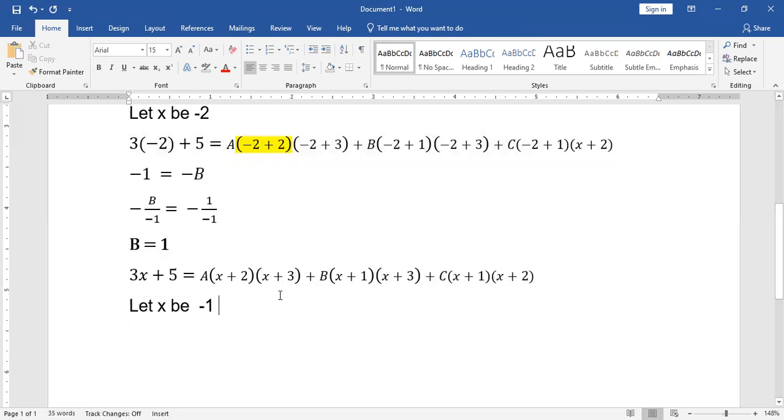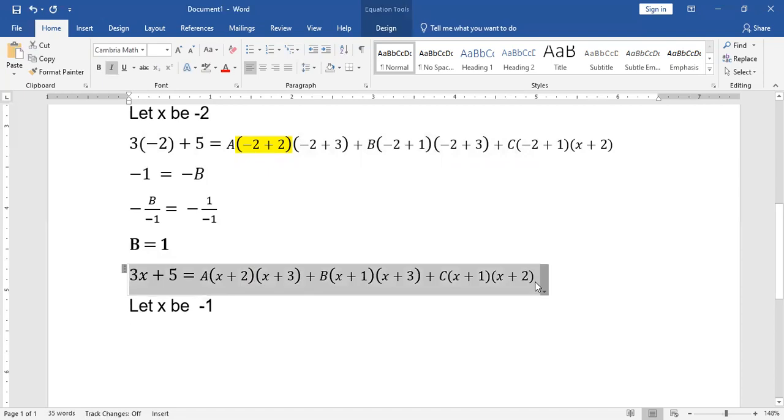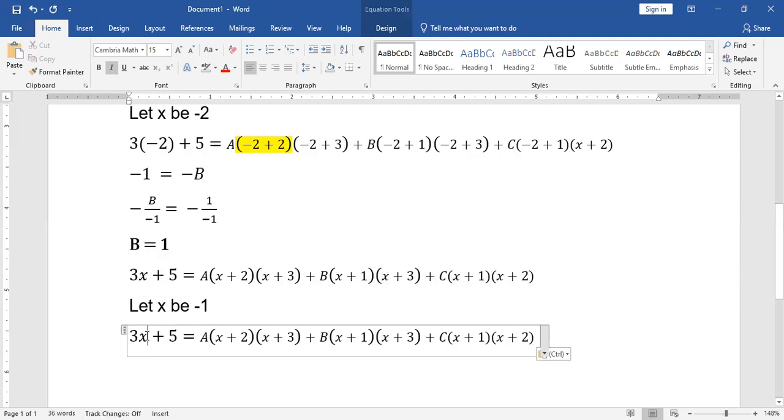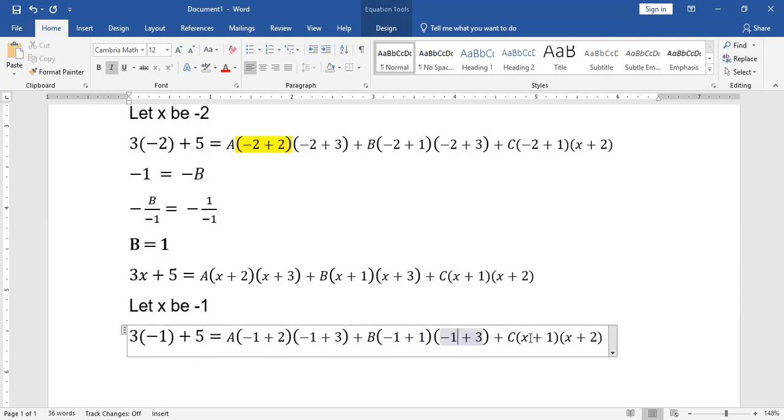So where there is X in this whole expression, I'll put -1. -1 there, -1 here, -1 here, -1 here, -1 there, -1 there, and -1 there.